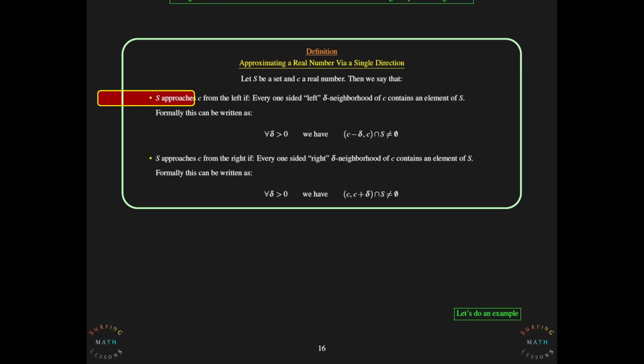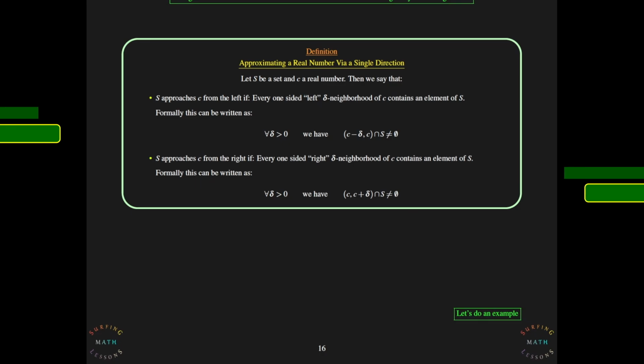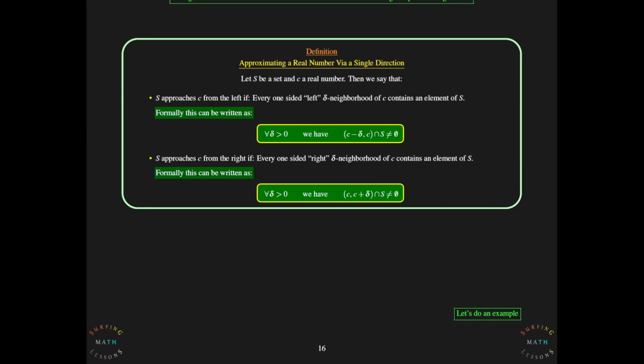We're going to say that S approaches C from the left of C if every left one-sided delta neighborhood of C contains an element of S. That is to say, the set S must intersect every left one-sided delta neighborhood of C. We also have a similar definition for when the set S approaches the point C from the right of C. Note that expressing this definition formally is very short. Let us work on two examples.